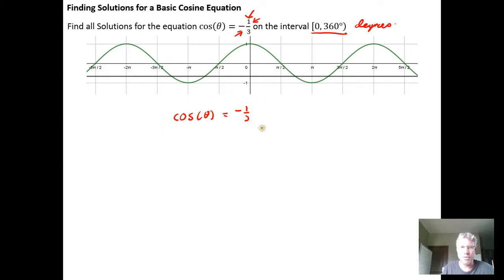Take the cosine inverse of both sides. We know we're going to get plus or minus that angle that results, and then to get all coterminal angles, it's going to be plus 360 degrees times k. And this gives us all solutions in exact form.